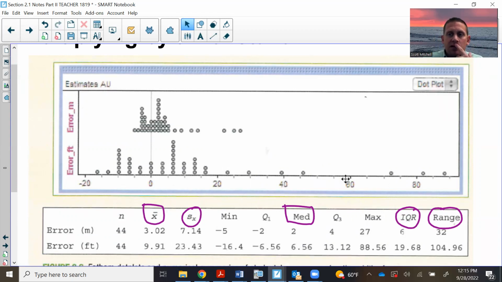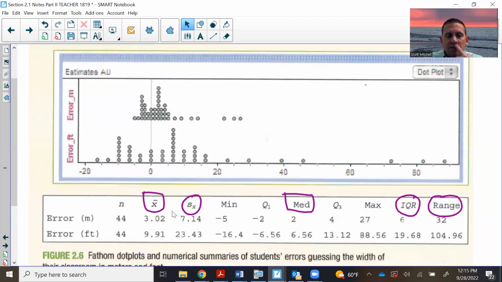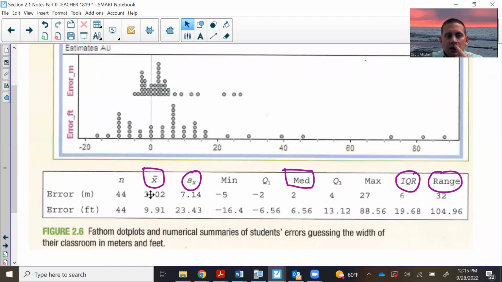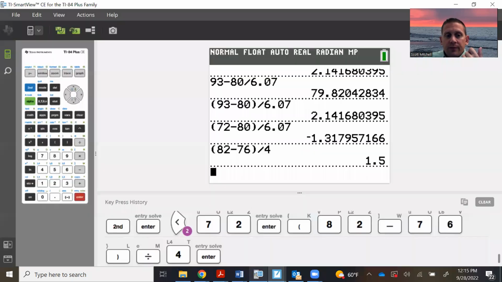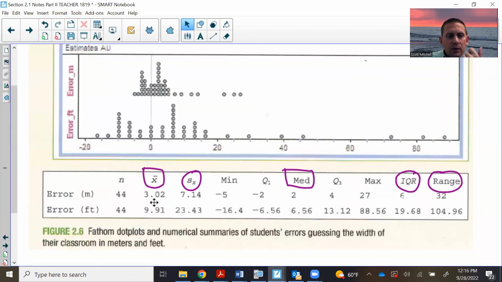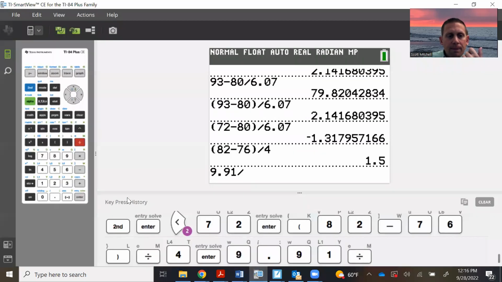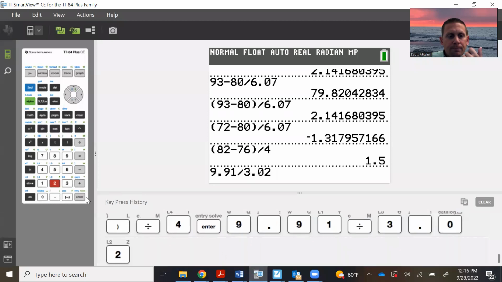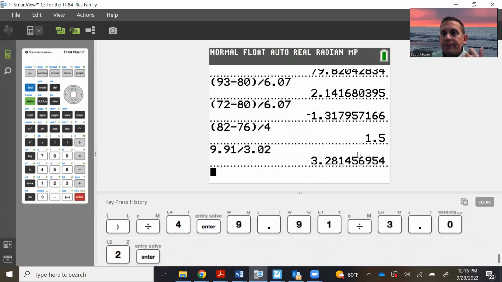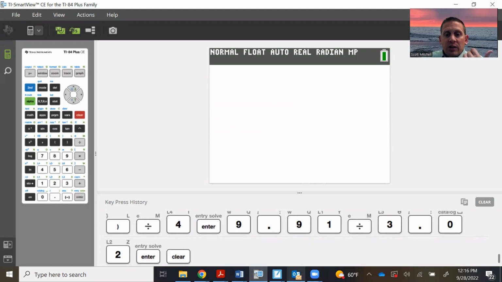Well, look at your numbers. How much did they change by? 3.28. Take your calculator. 9.91 divided by 3.02. 3.28. So that's what's going to happen.